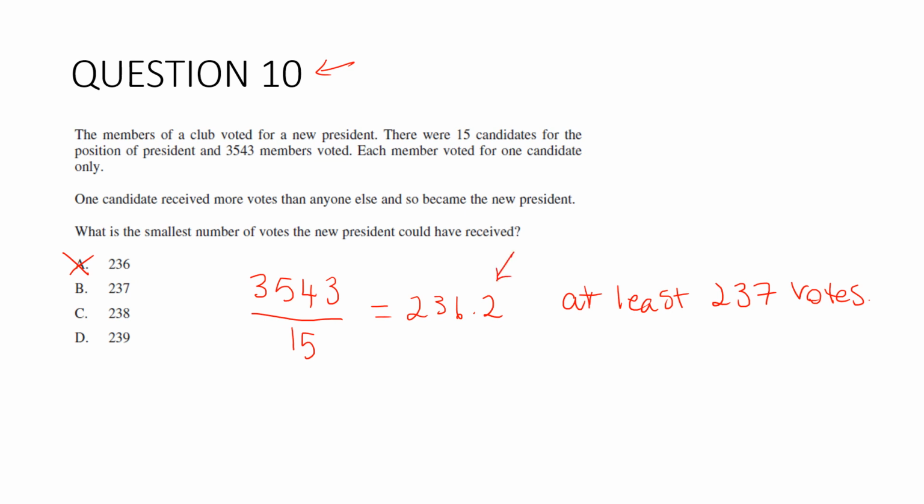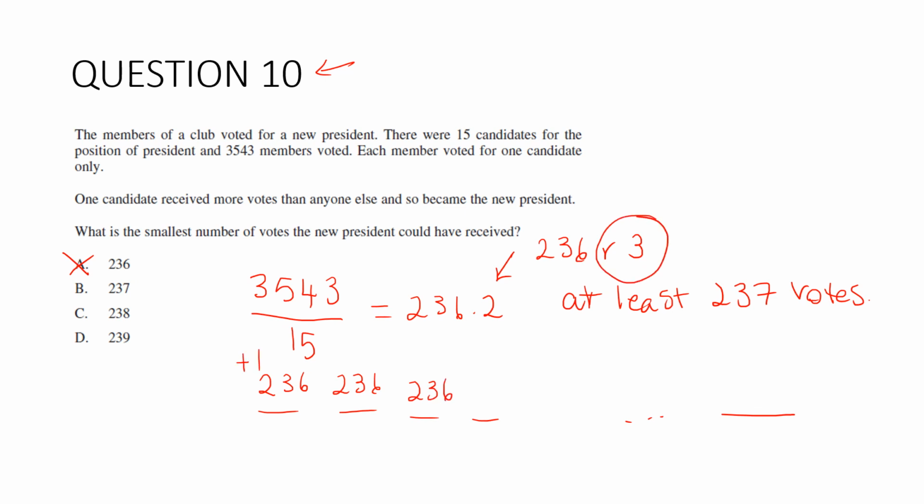And the clue lies with this remainder. If I do 0.2 times 15, this is the same as 236 remainder 3. So here's our candidates. I won't draw them all out. Suppose everybody got 236 votes. There are 3 votes remaining.